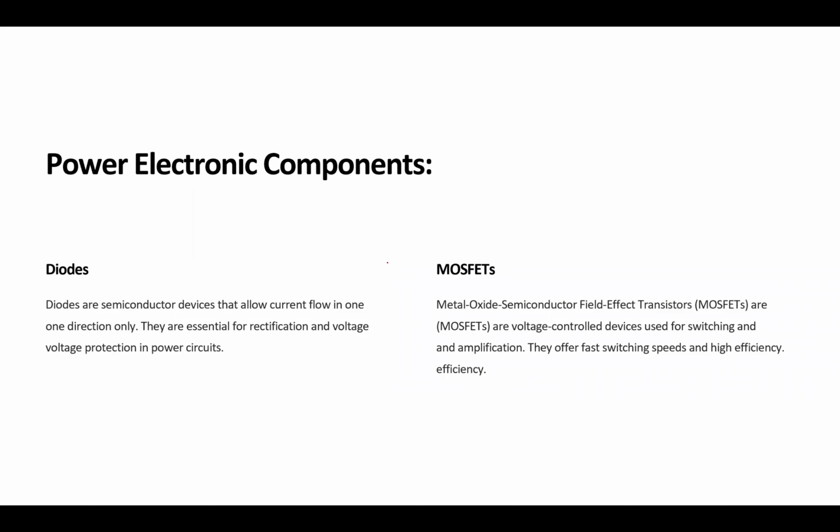What is the basic use of that? When we say unidirectional, and we talk about power electronics and AC-DC conversion, what is the easiest use of the diode? Diode doesn't switch.